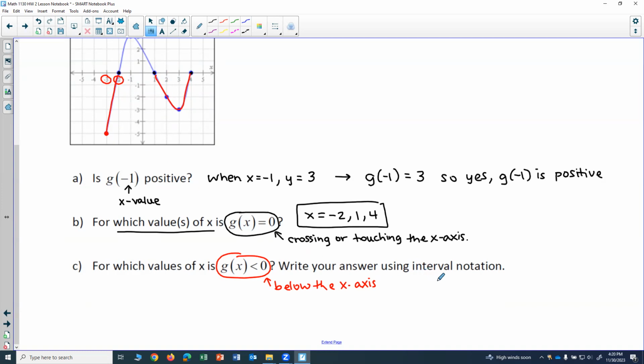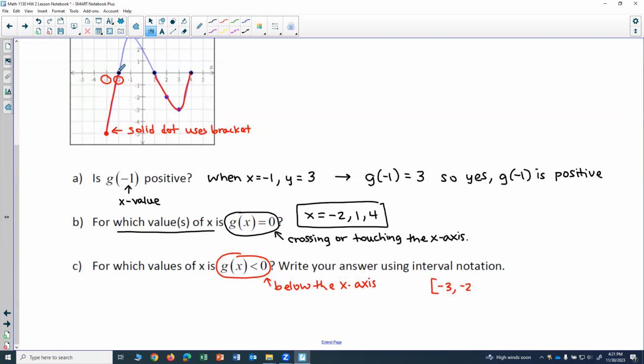So it says write it using interval notation. I'll use a bracket because I have a solid dot or filled in dot. And a solid dot always uses a bracket because that point is included. So I will have from x equals -3 to x equals -2.